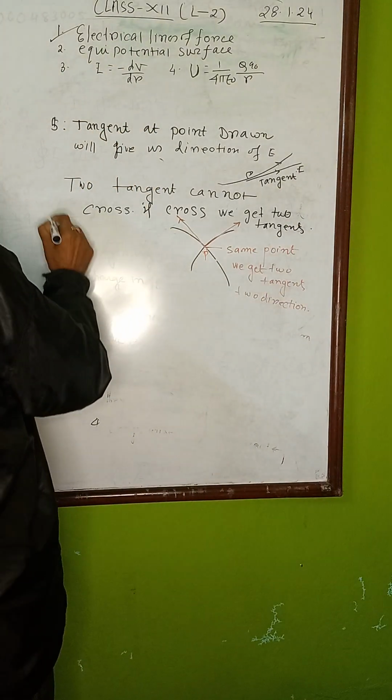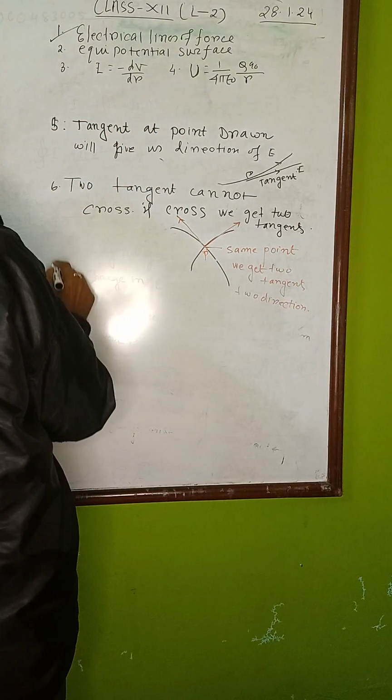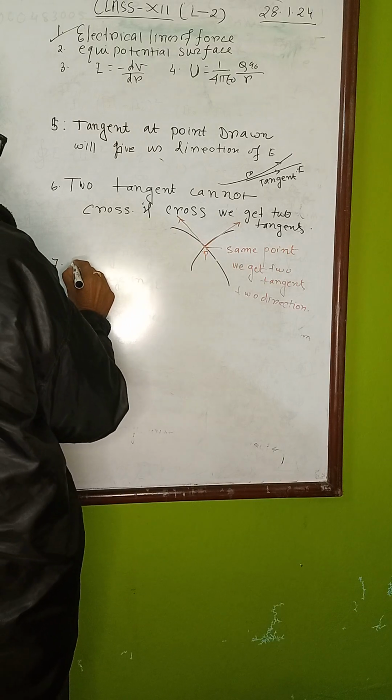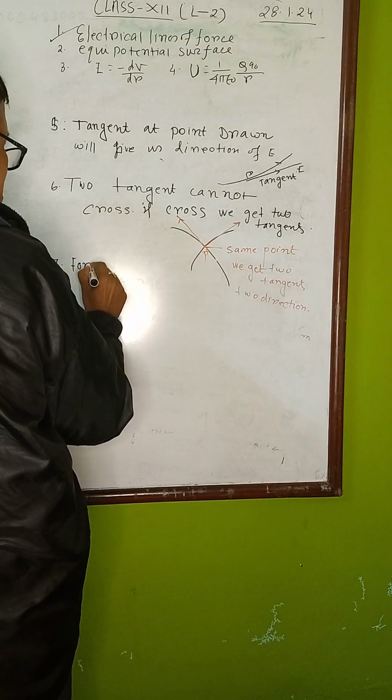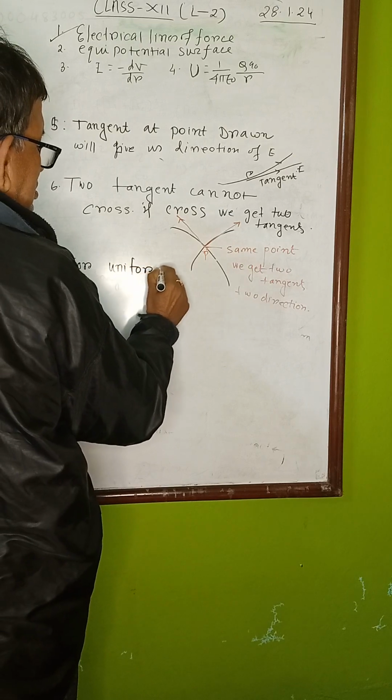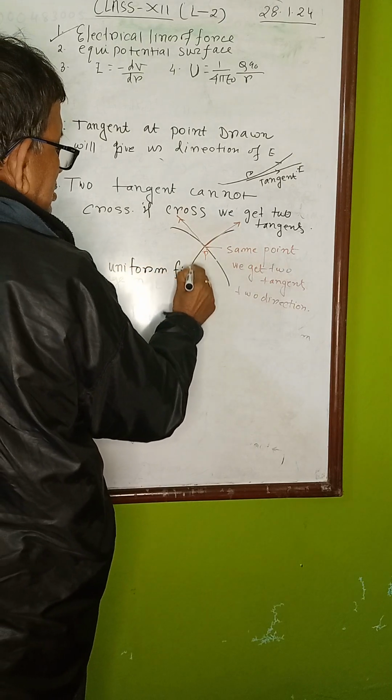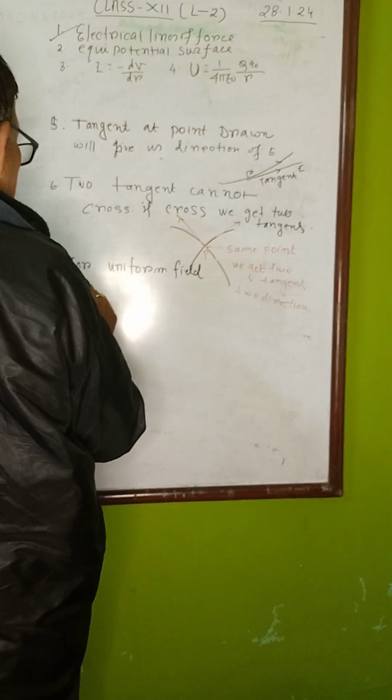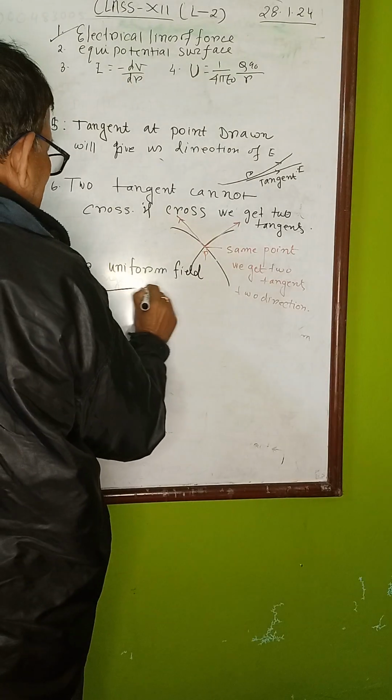Now for another property, for a uniform field, lines of force are like this.